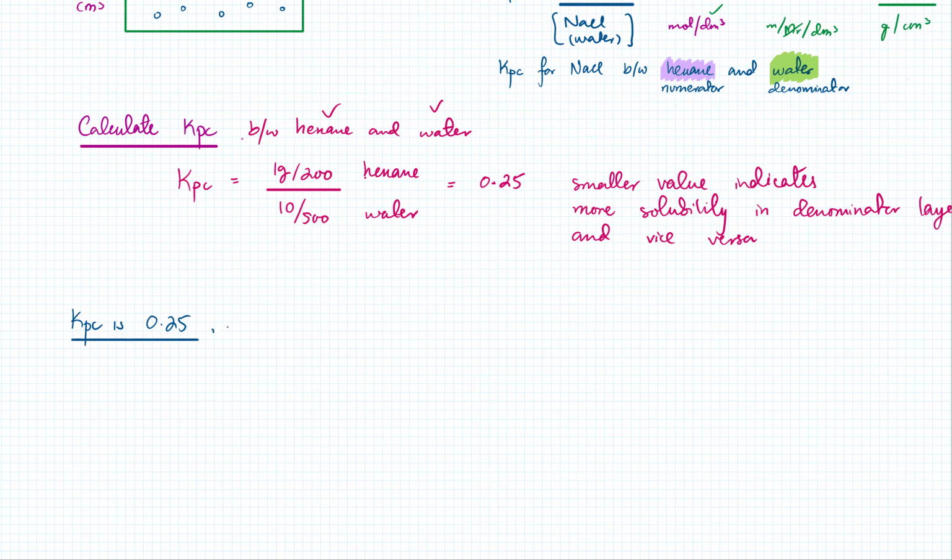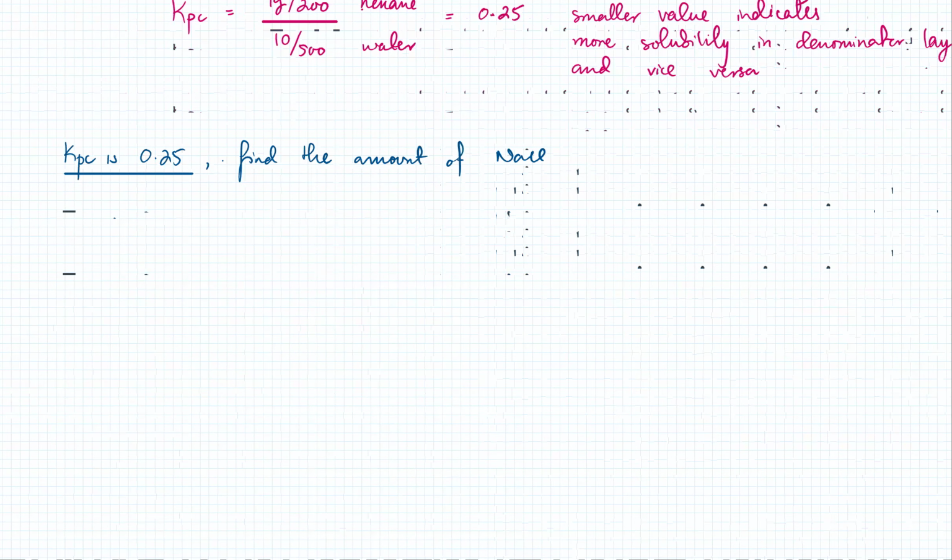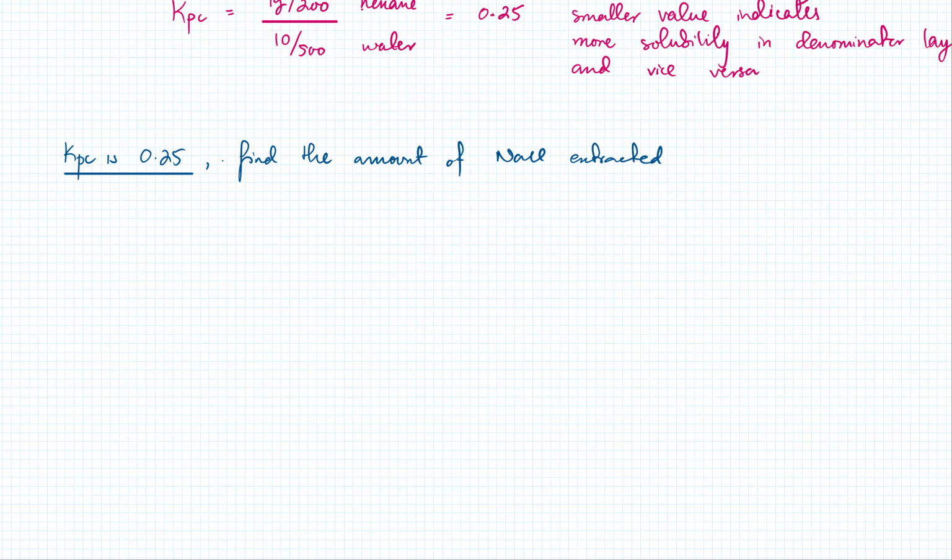So the question is, find the amount of NaCl extracted if 20 cm cube of hexane is added.